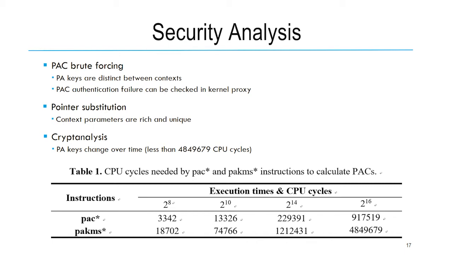And when generating the PA keys, the rich and unique context parameters make it impossible to substitute pointers in different contexts. We also evaluated how many CPU cycles are needed by the PAC instruction and PAKMS to calculate PACs. The result is shown in Table 1, so that we can set the timer properly to update GN in order to prevent calculating too many PACs based on the same key, which can mitigate the cryptanalysis attack.